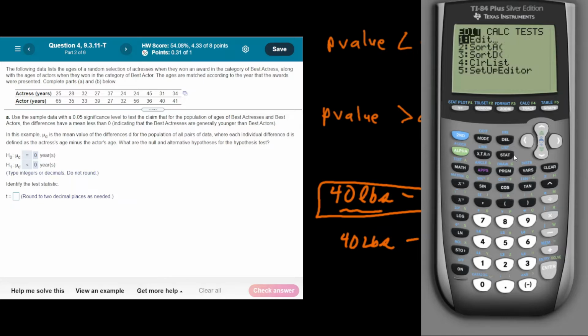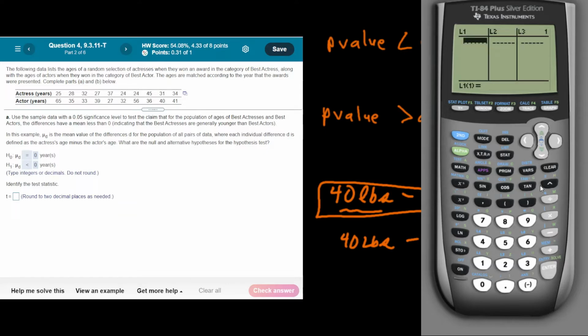So let's go to stats, edit. Let's go ahead and clear everything. So we can hit clear, and let's just go down the line everywhere. Okay, everything is clear.